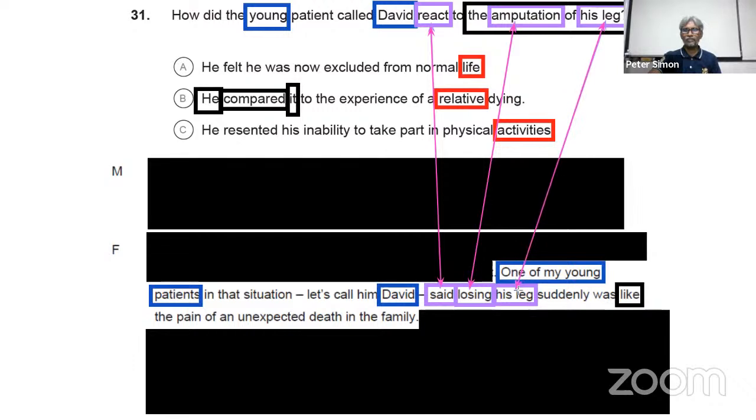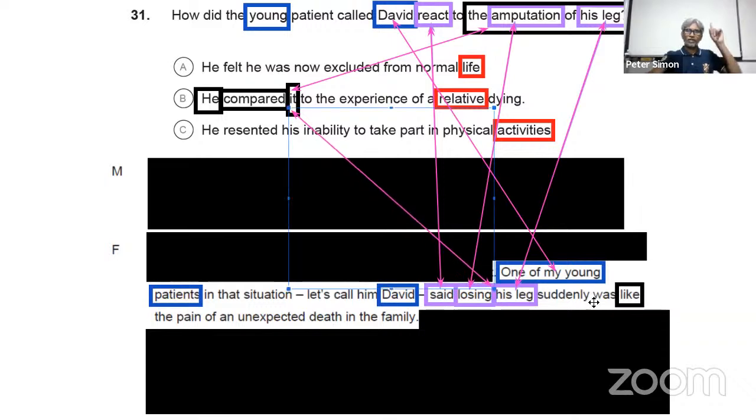One of my young patients is David. It means amputation of the leg. It means losing his leg. Compared means like.